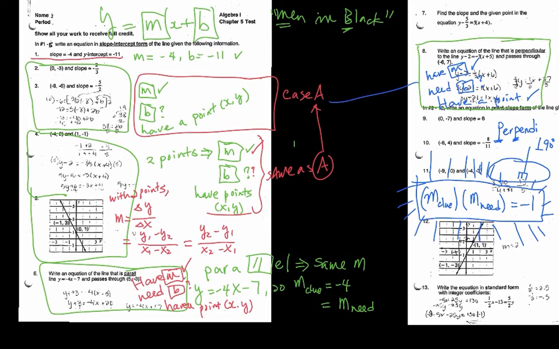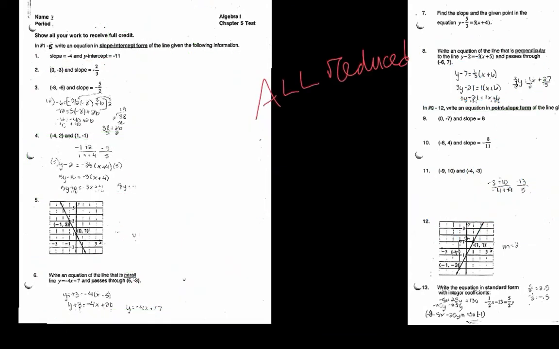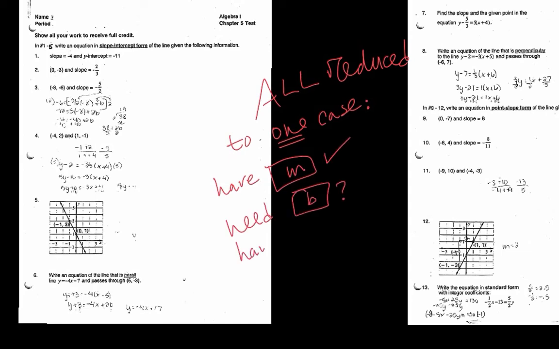So far, every single thing is described and simmered down to that one case, and to summarize it, it's all reduced to this: we have m, or have enough clue to find out what m is. We need to find b, and we have a point.